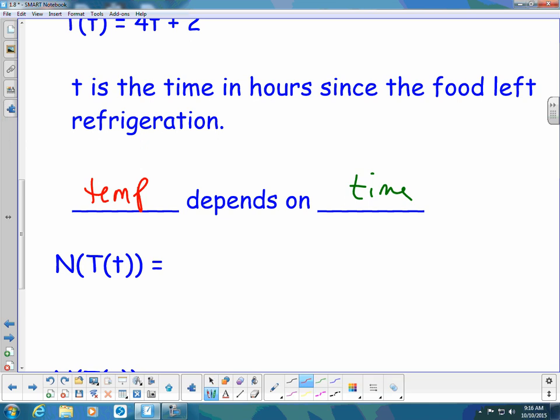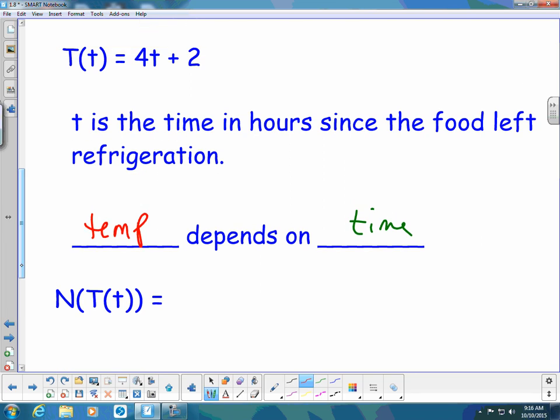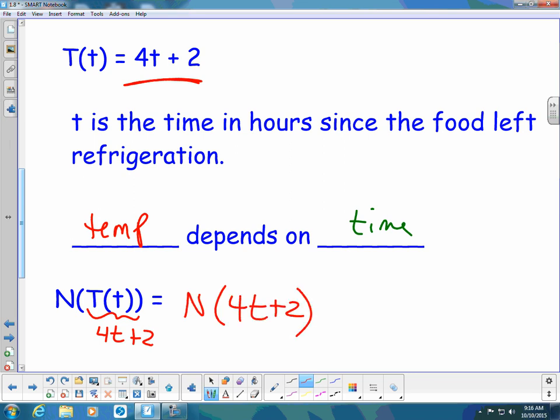And so if we want capital N of capital T of t, well, my capital T of t function is right here. So I'm going to plug in 4t plus 2 into the N function, N of 4t plus 2. And that means I need to go back and plug that into my N function.